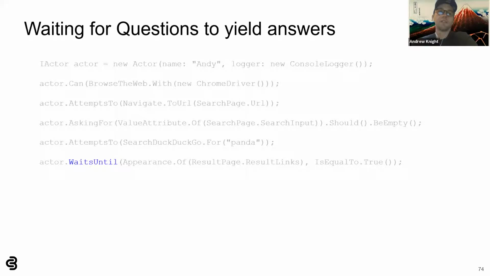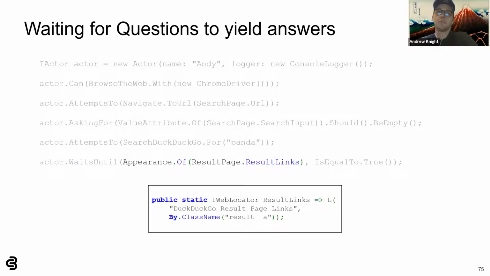WaitsUntil is a special method. It will repeatedly call a question until the answer meets a given condition. For this step, the question is the appearance of result links on the result page. Before links are loaded, this question will return false. Once links appear, it will change to return true.